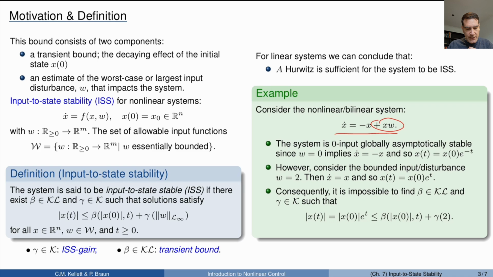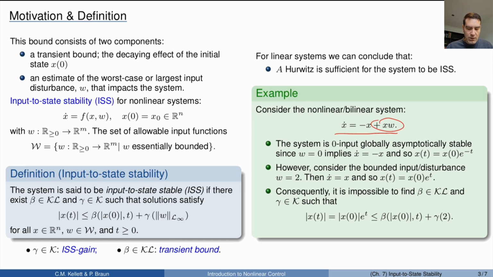What we observe here, as in the first case, is that if our disturbance is not present, then we have simply x dot is equal to minus x.